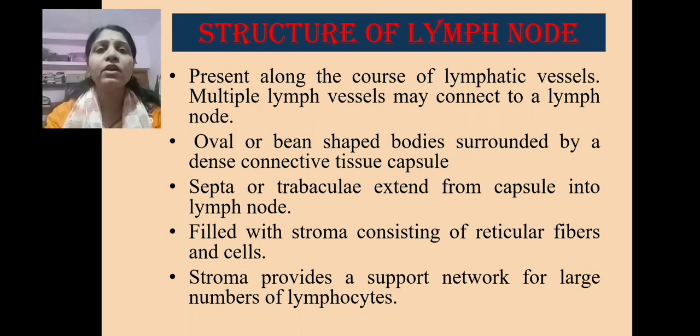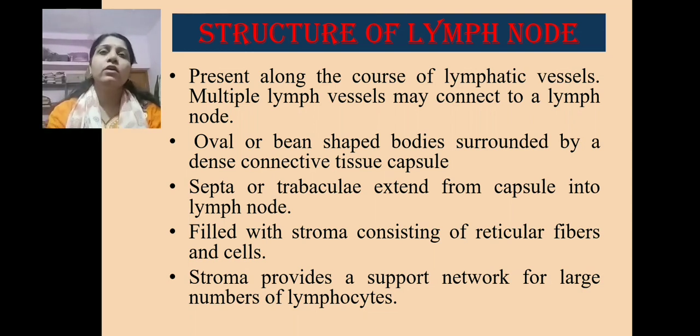Multiple lymph vessels connect with the lymph node specifically for the purpose of removing antibacterial agents and different types of microorganisms present within the lymph. In other words, these are responsible for filtering the lymph.